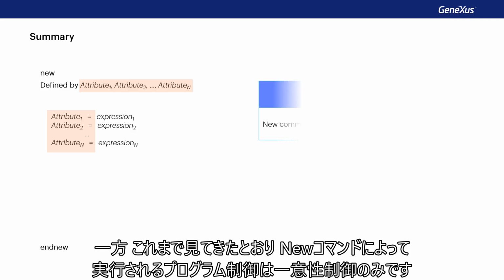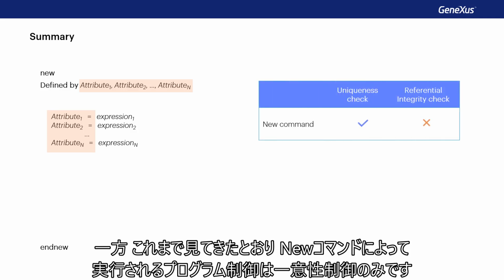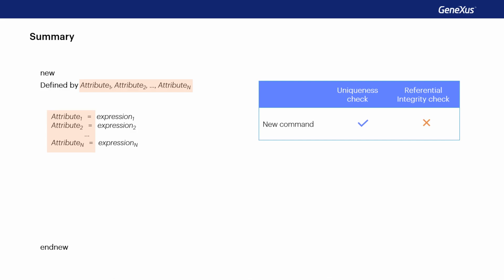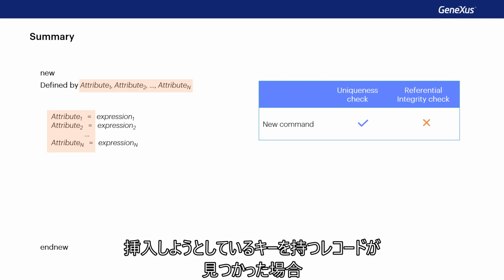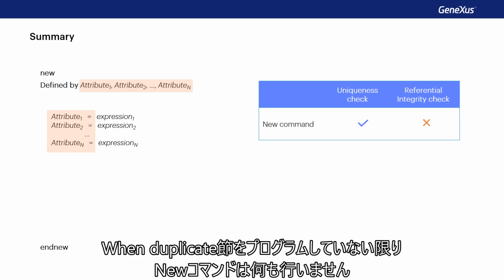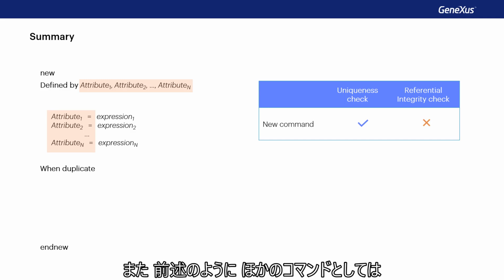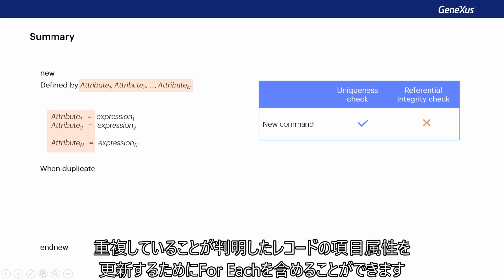On the other hand, we had seen that the only programmatic control performed by the new command is the uniqueness control, and that if a record was found with the key we're trying to insert, then the new command did nothing unless we had programmed the when duplicate clause. And we had said that there, among other commands, we can include a for each to update attributes of the record that was found to be duplicated.